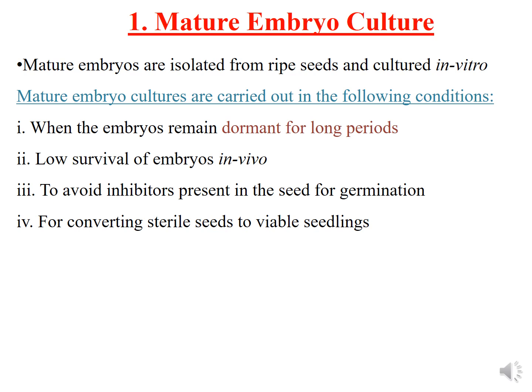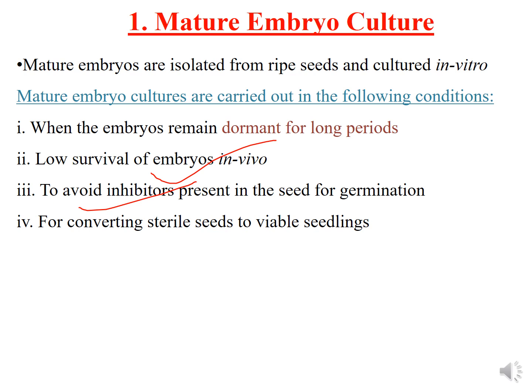Mature embryo cultures are carried out in the following conditions. When the embryo remains dormant for long periods, that is, it is unable to germinate, and low survival of embryos in vivo, when inside the embryo sac it is unable to survive, and to avoid the inhibitors present in the seed for germination.